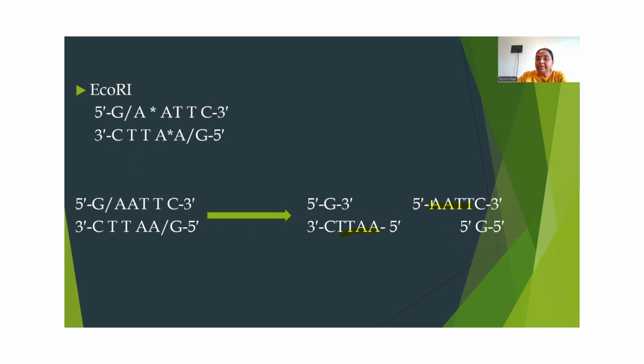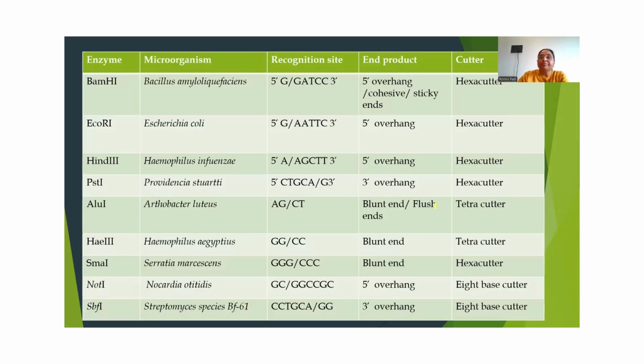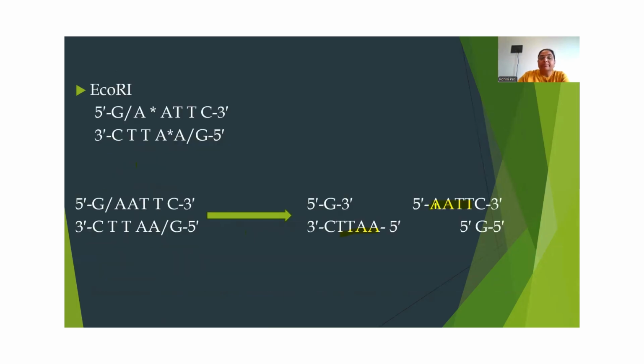Such a sequence which is generated is called an overhang, or sticky ends, or cohesive ends. In this way the EcoR1 enzyme generates a 5' overhang, because this overhang, this sticky end or cohesive end, is present over the 5' end.